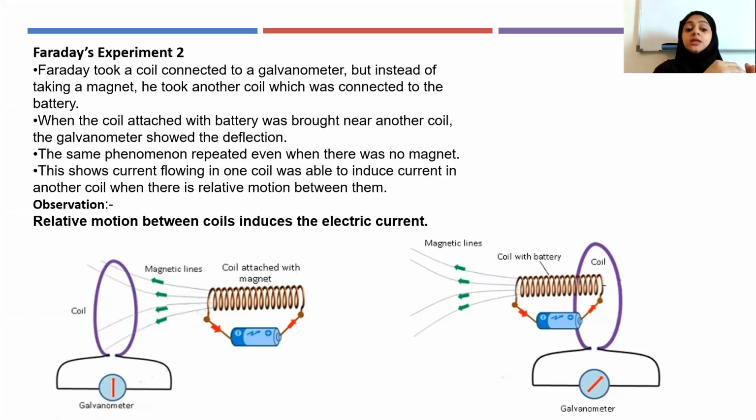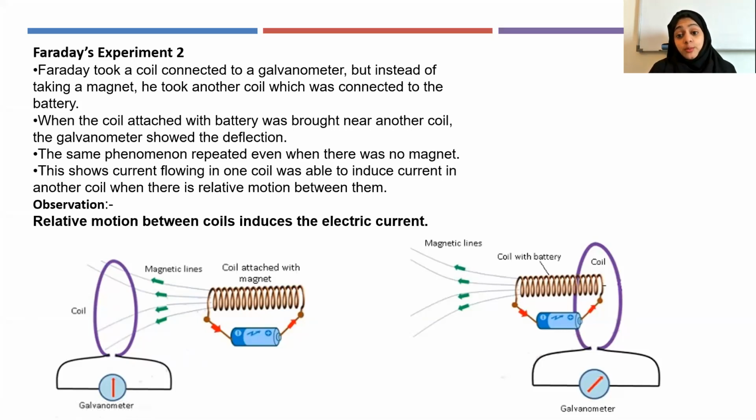Similarly, when you take it away, then also there is deflection, because the same phenomenon repeated as we saw in the first experiment, even when there was no magnet. Can you guess why?